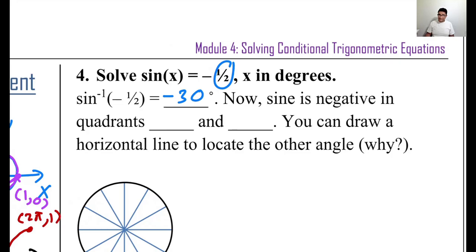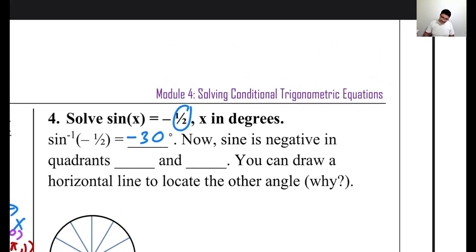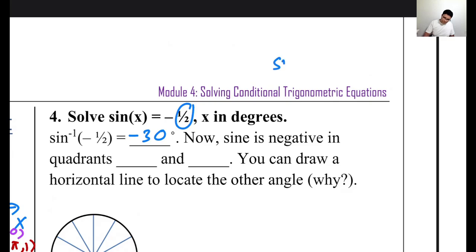Minus 30 degrees. Many ways to think about it. One thing is sine of minus theta equals minus sine theta. Sine is an odd function. So if you are looking at minus half, the angle is minus 30 degrees. Other way of understanding is if the sine value is negative, you are definitely below the x-axis.